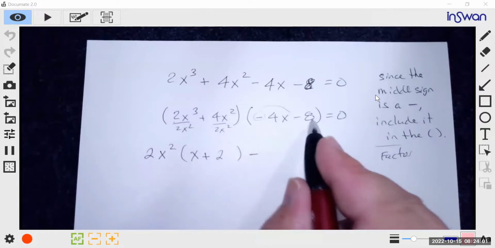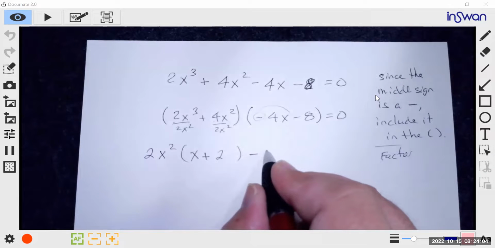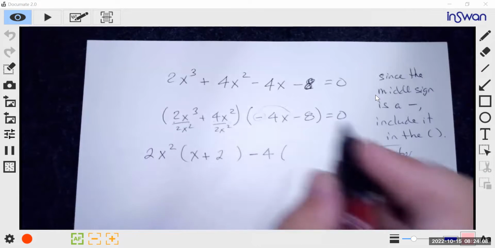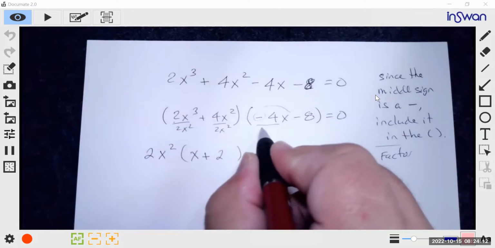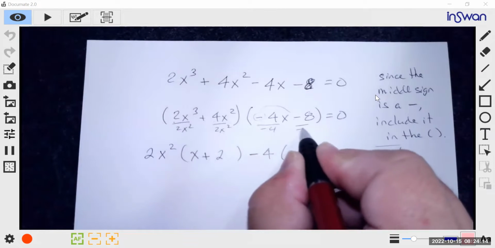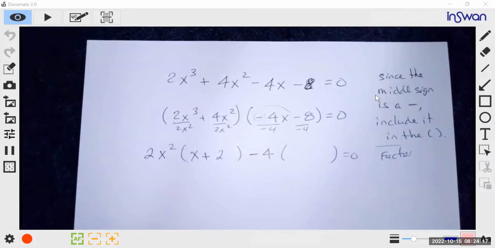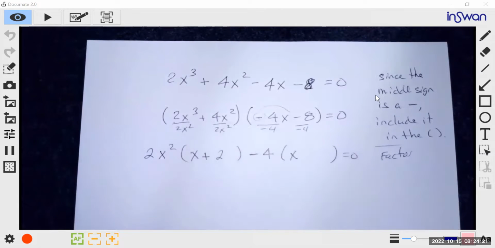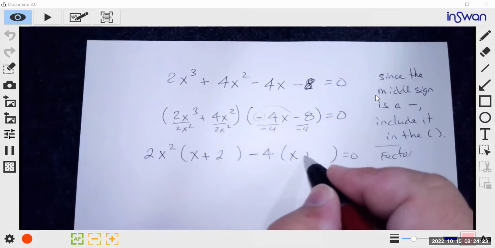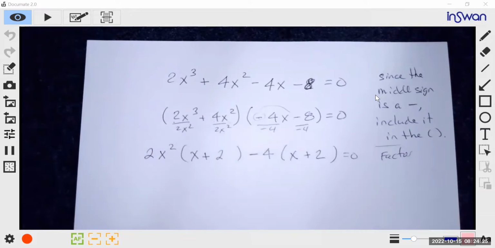And they both have a 4 in common. So I divide both of these by -4. Negative and negative makes it a positive. 4's cancel, so just x. Negative and negative makes it a positive. 8 divided by 4 is 2.